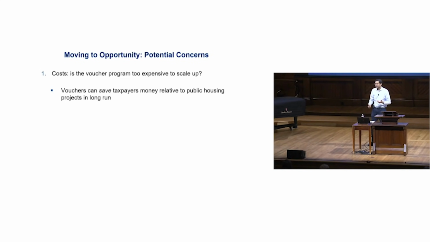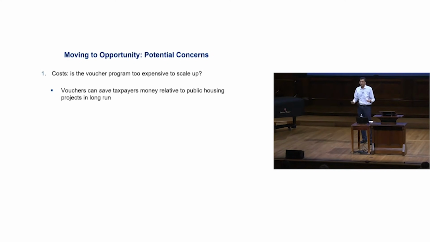So the first thing that you might think of is just cost, just fiscal cost, the types of issues that Sean was emphasizing in his role, being in the government, of what types of programs can you actually scale up and support. And so here, I think a key consideration to keep in mind is when we think about the cost of a program from the government's perspective, we should think about it not just in terms of the initial outlay that we have to pay for housing vouchers that we give these families, which cost a substantial sum of money, right?